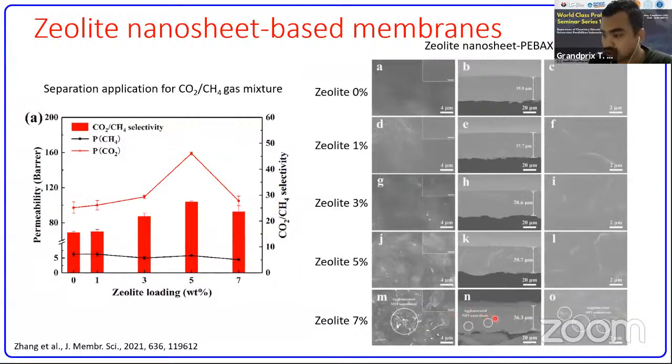This is due to the agglomeration of the nanosheets, which is undesired because it will create defects that, of course, will damage the separation application. So I have shown you the 3 examples that the incorporation of nanosheet inorganic filler could increase simultaneously the permeability and selectivity of a polymer membrane.